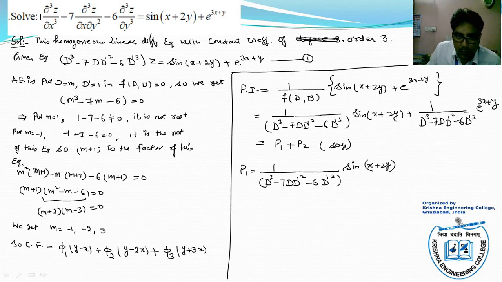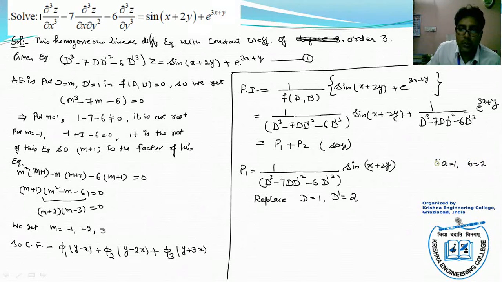Here first of all we check this. Replace D by a, here a is 1, right? And D dash by b is 2. This is the form of ax plus by, no? A is the coefficient of x, which is 1, and b is 2, right? So replace D by a, D dash by b, provided f(a, b) is not equal to 0.